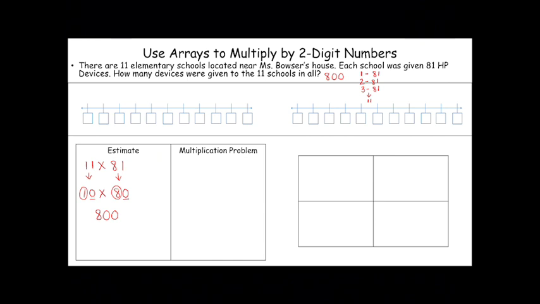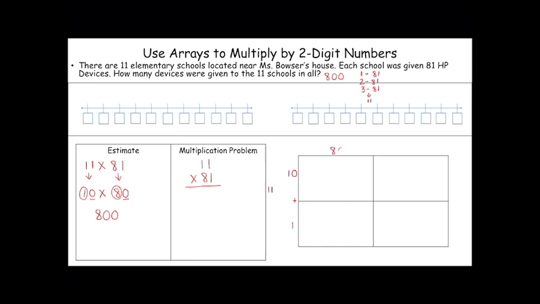All right. So my multiplication problem is 11 times 81. Now I'm doing 11. That's going to be 10 and 1. And you go back and check it because 10 plus 1 equals 11.